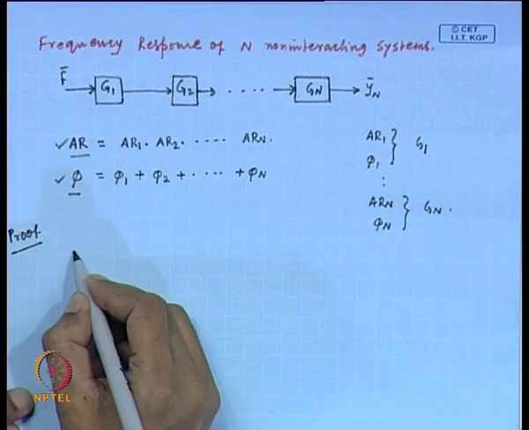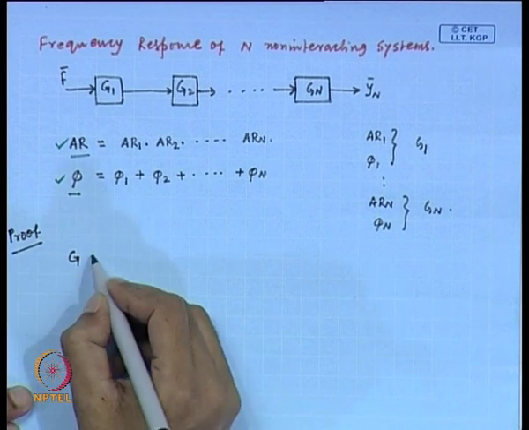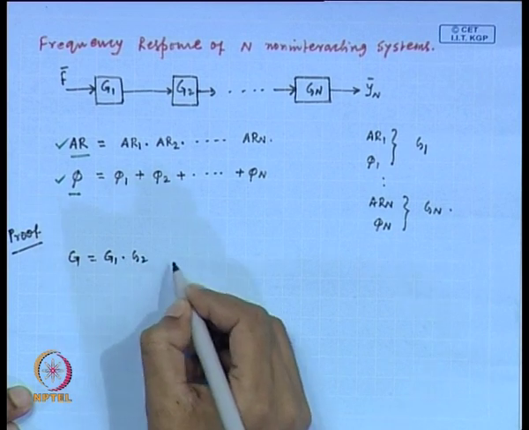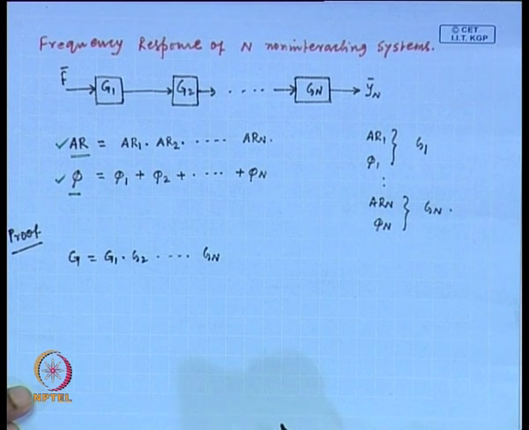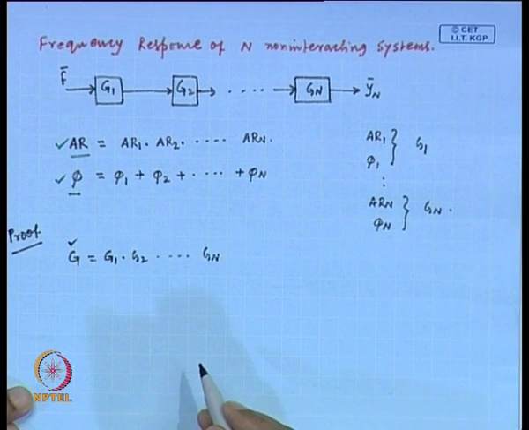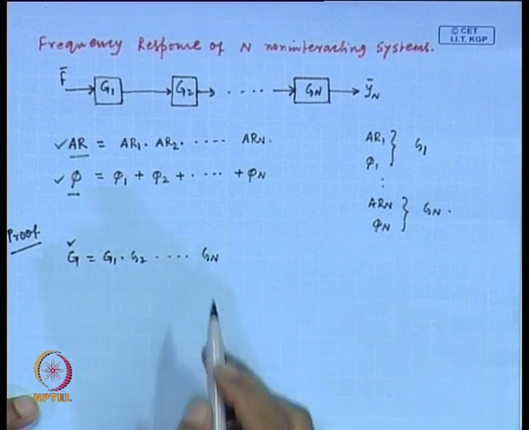If n non-interacting systems are connected in series, then we can write the overall transfer function G equals G1, G2, up to Gn, they are multiplied.